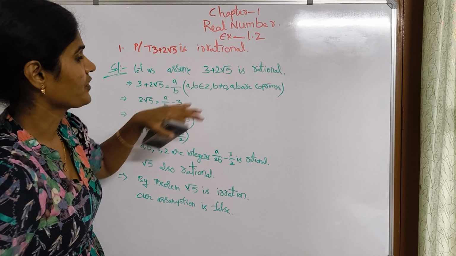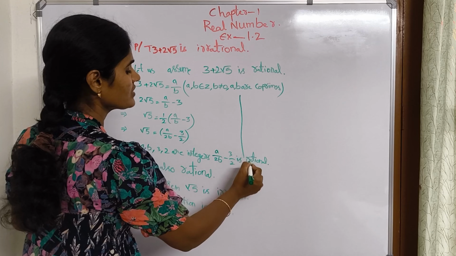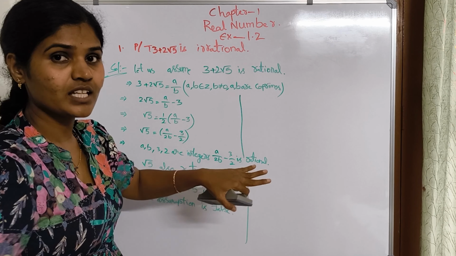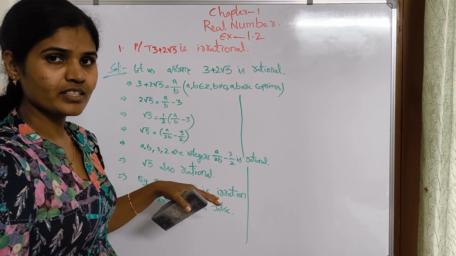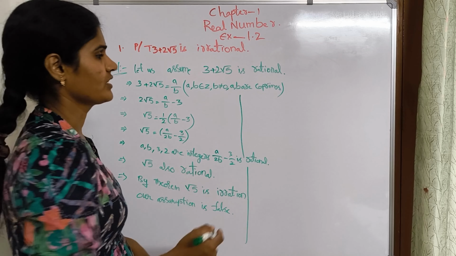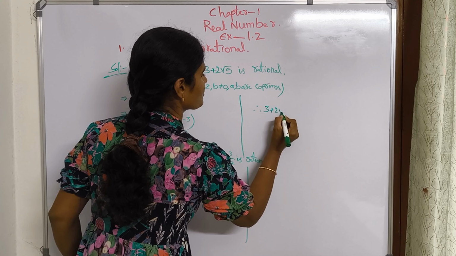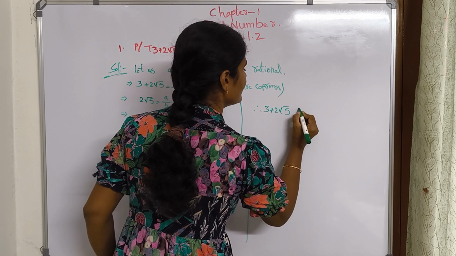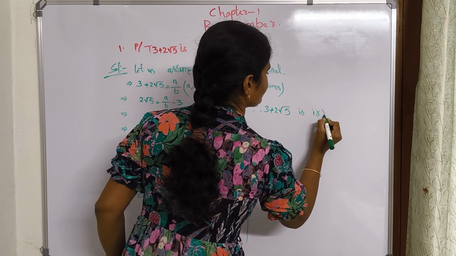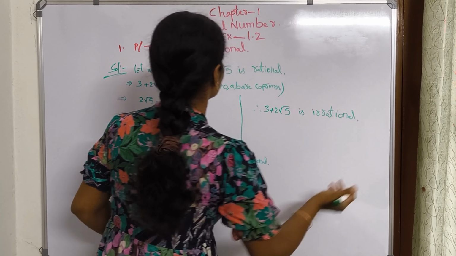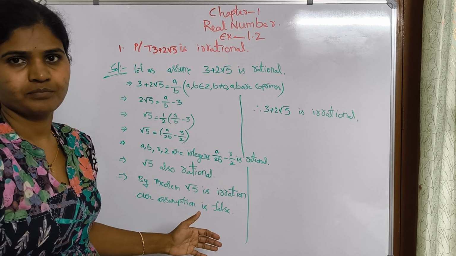That 3 plus 2 root 5 is rational. That is false, which means it is not rational. Not rational means it is irrational. Therefore, 3 plus 2 root 5 is irrational. Yes, we proved it. This is irrational.